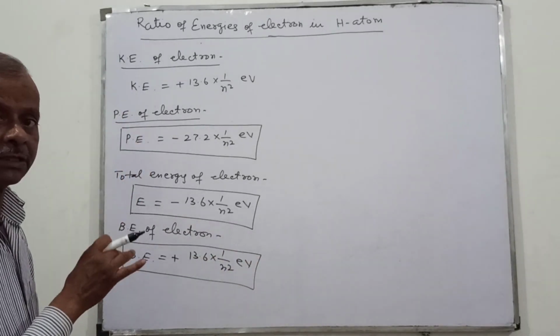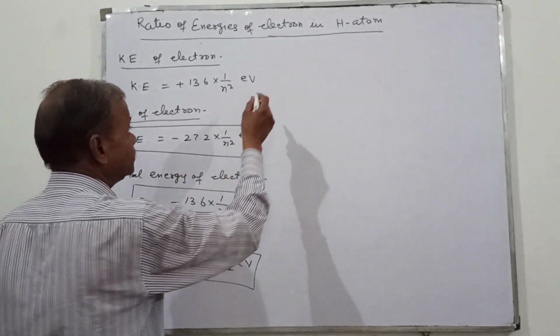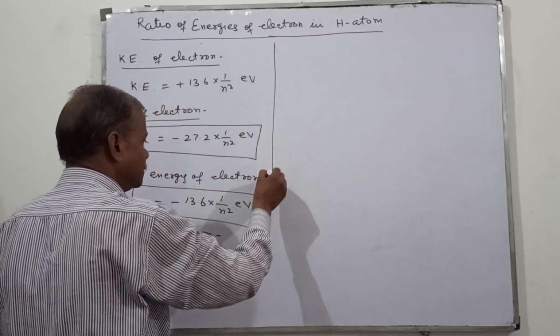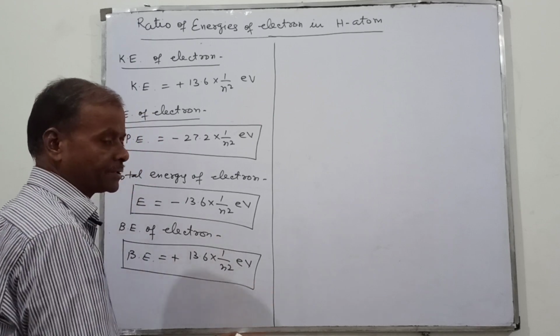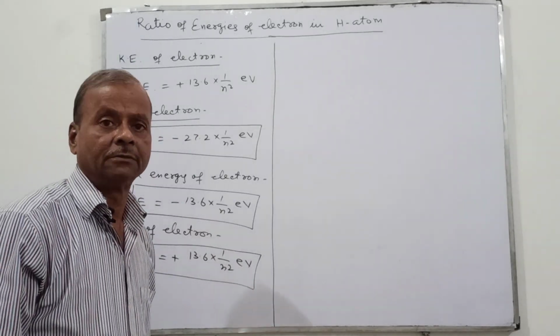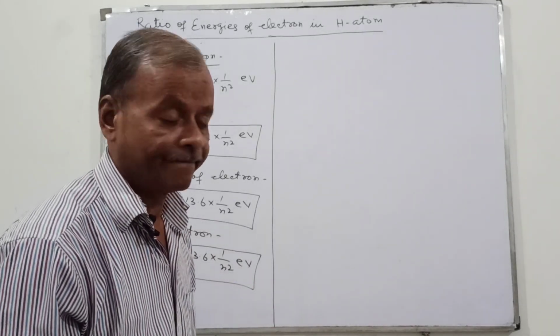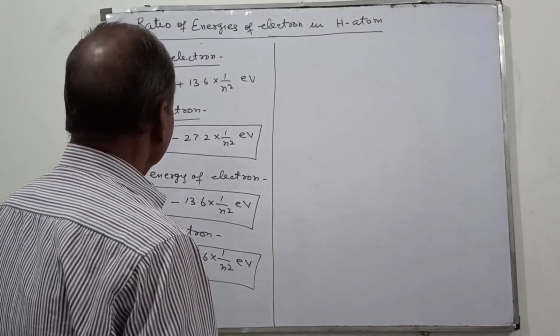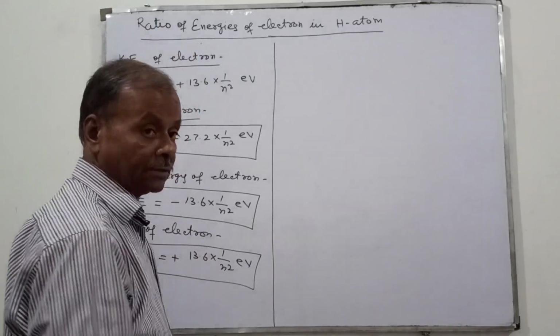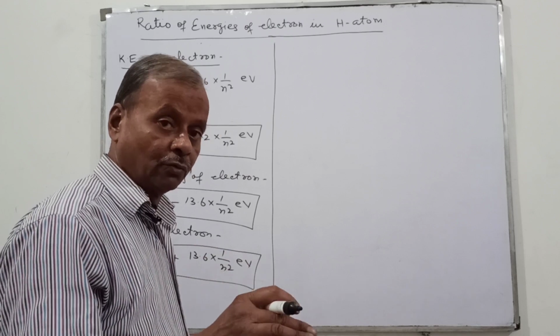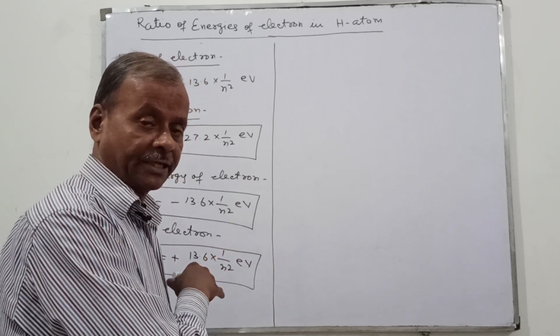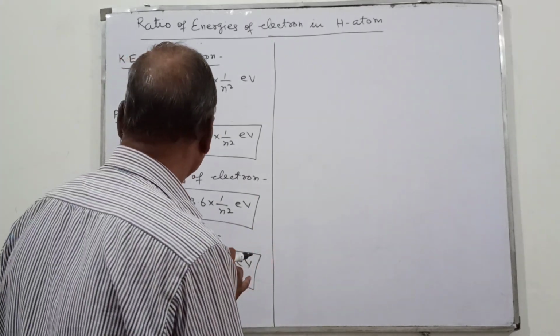Now we have to find the ratio of these energies, because this is generally asked in multiple choice questions. So I will take two of these energies at a time, and then all of these energies.